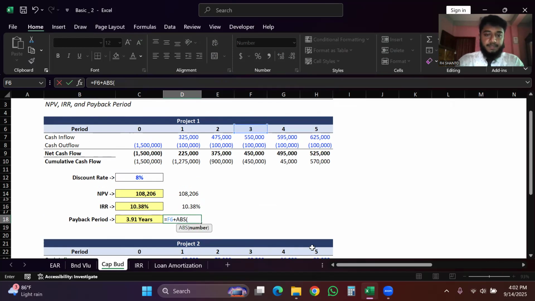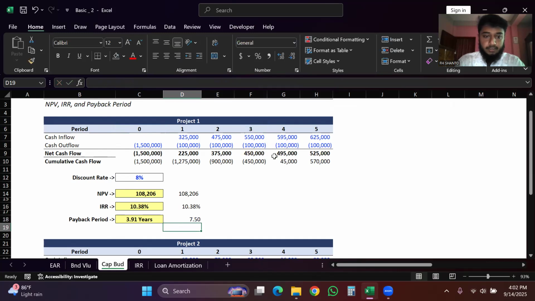Press tab, then the number. We can find this by dividing F9 by G8.